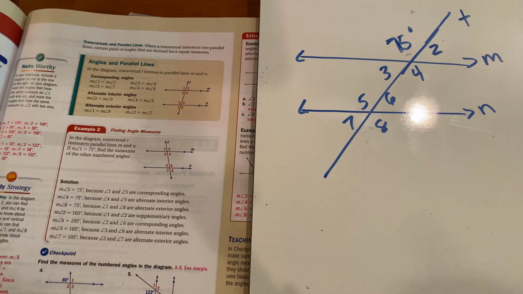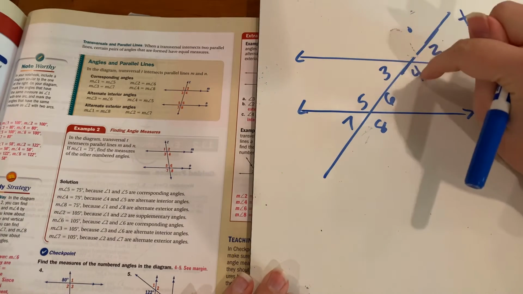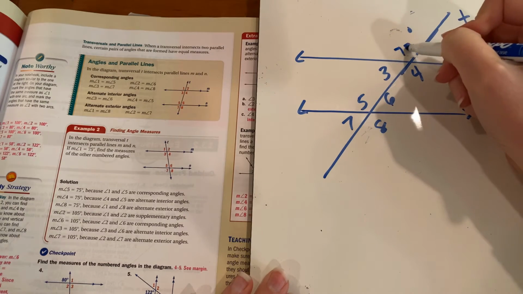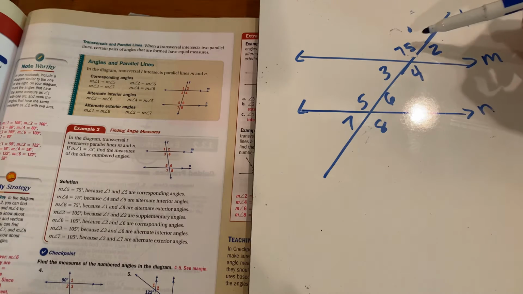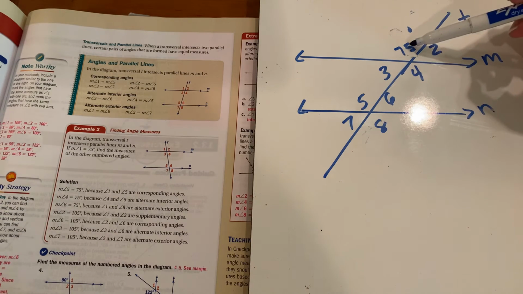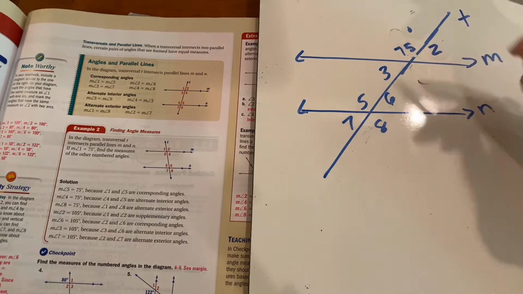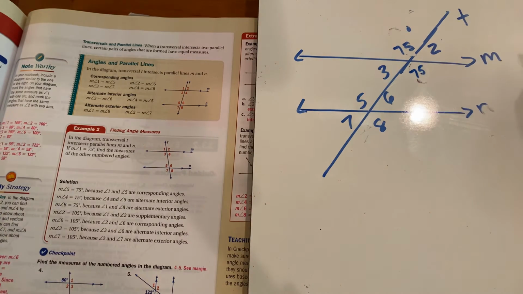Because we're going to rely on our knowledge from yesterday that vertical angles, meaning angles that are opposite from the split, are equal. And then we're also going to rely on our knowledge that a straight line has to be 180 degrees. So because we know our vertical angles are equal from yesterday's chapter, if 1 is 75, that means 4 has to be 75 because they're vertical angles.